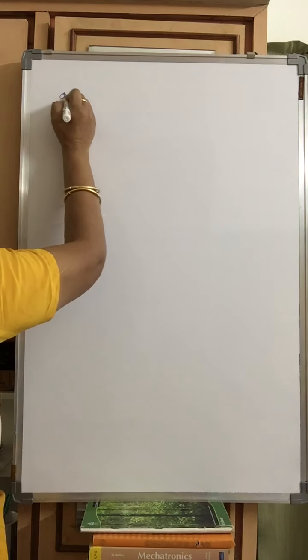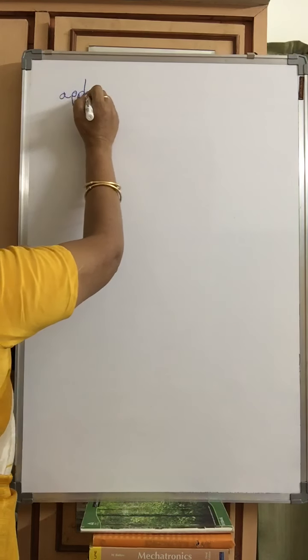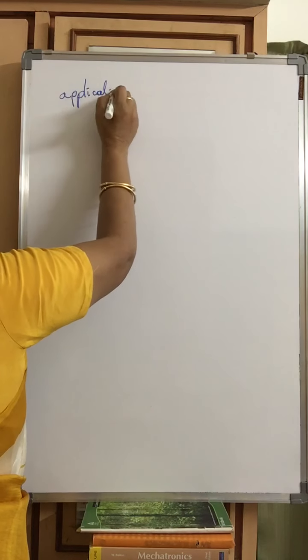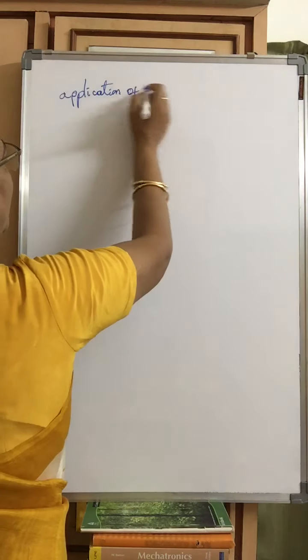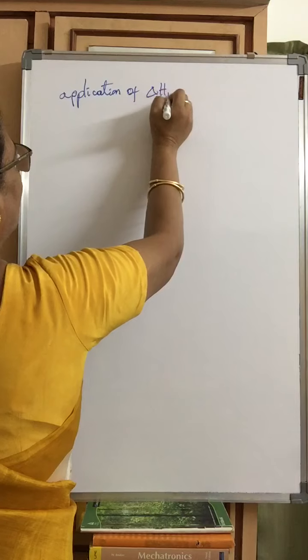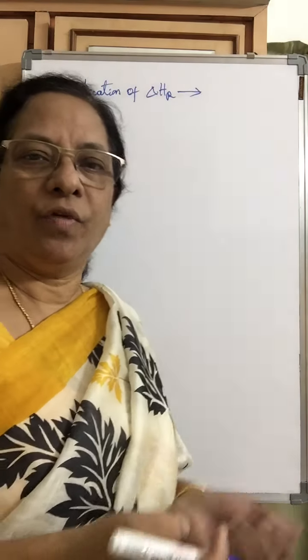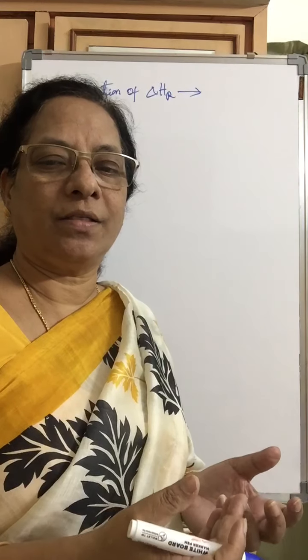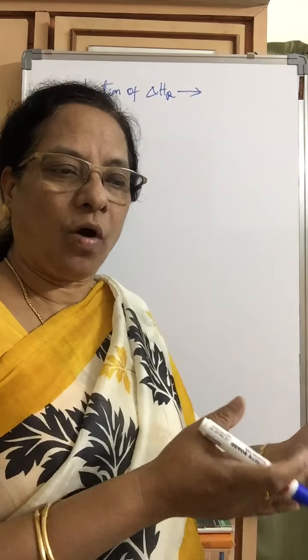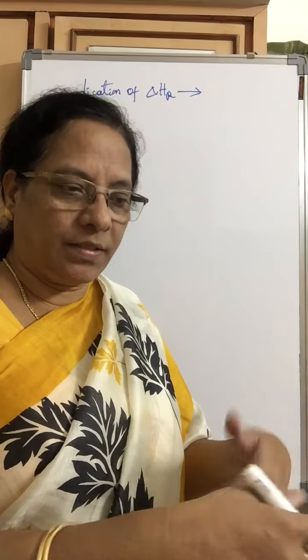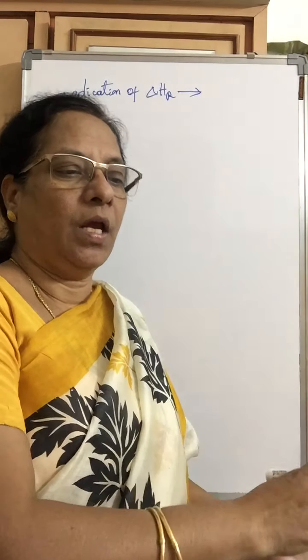Why to know this heat of reaction? What is the application of delta HR? Why we need this delta HR? We need delta HR because then only we will know what quantity of heat energy is evolving or will be absorbed.